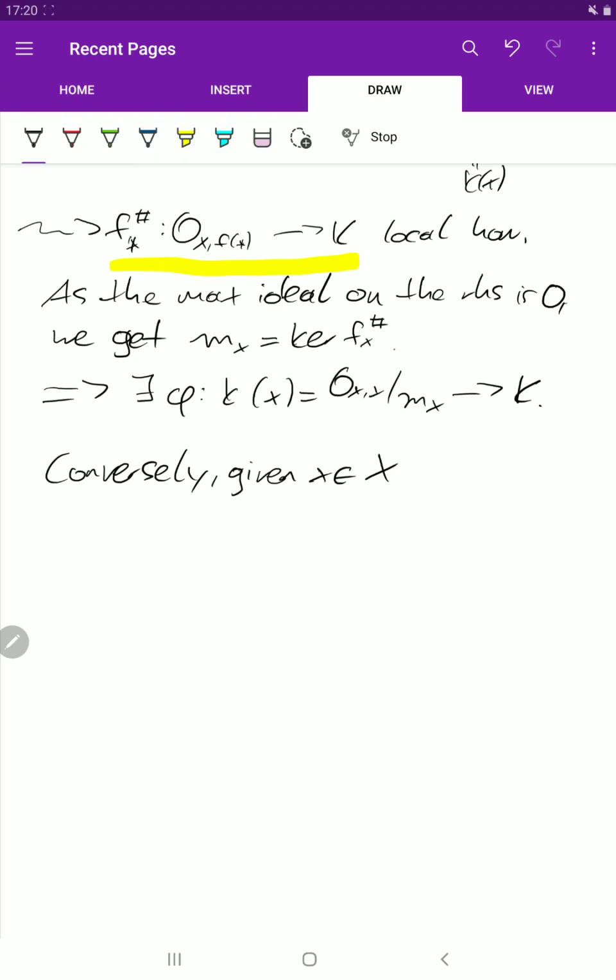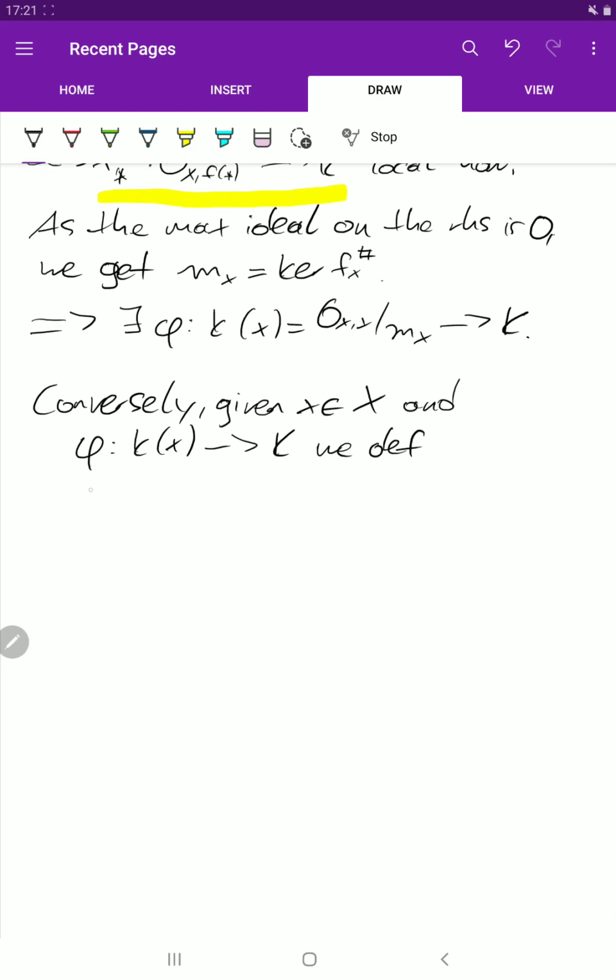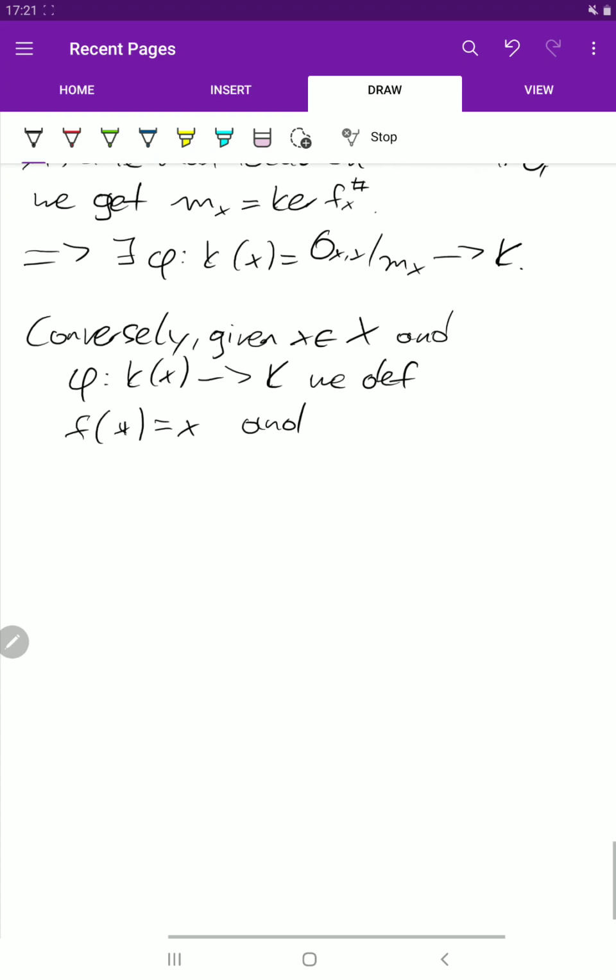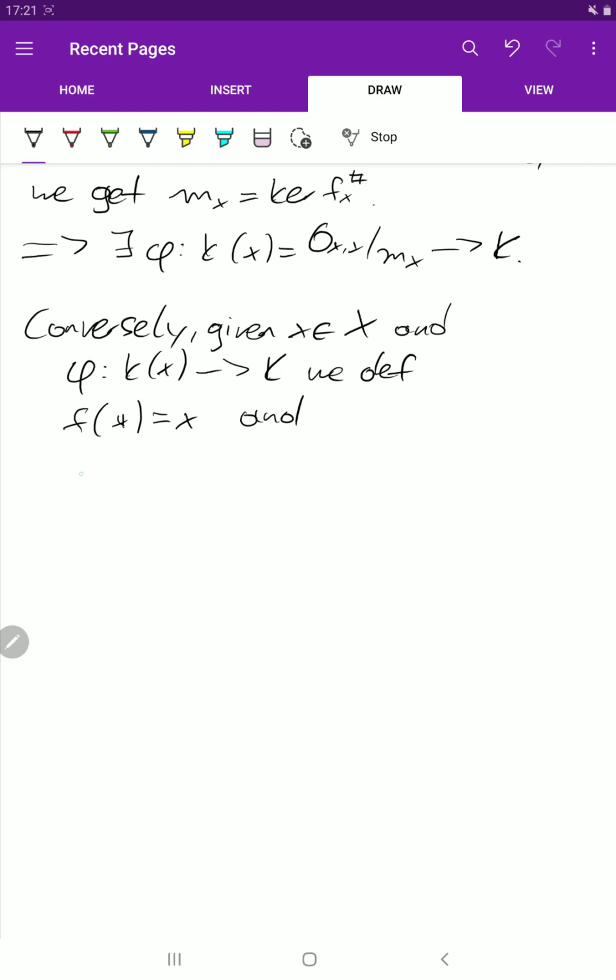Let's take an element x in X and a homomorphism from k(x) to K. And now again it's clear what the map should do on topological spaces, so it should just send this point to x. And now what do we do on sheaves?